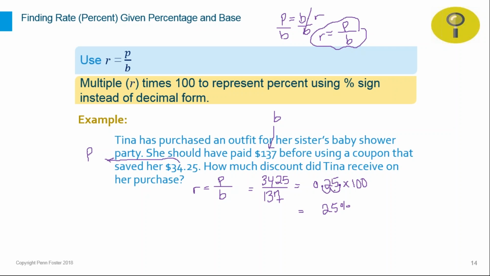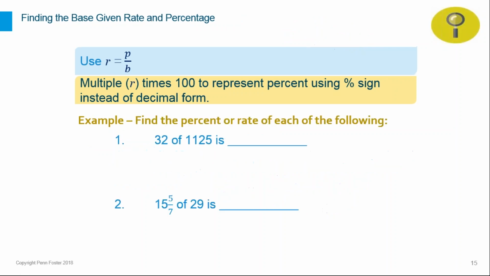And since that would be a whole number, the decimal point is not written. It's understood that the decimal point is here, but we just don't write it. So 25% is equivalent to 0.25. This is the common way that we represent discounts. So that's why you have to multiply your decimal answer by 100. Questions? Anything that doesn't make sense? Okay, let's move on to other questions.